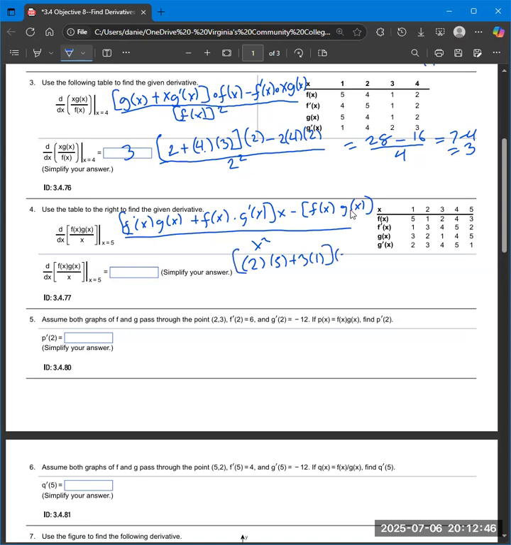And all that is times 5 minus f of 5 is 3 times g of 5 is 5 over 5 squared is 25. 10 plus 3 is 13. 13 times 5 is 65, minus 15 is 50, over 25 is 2.